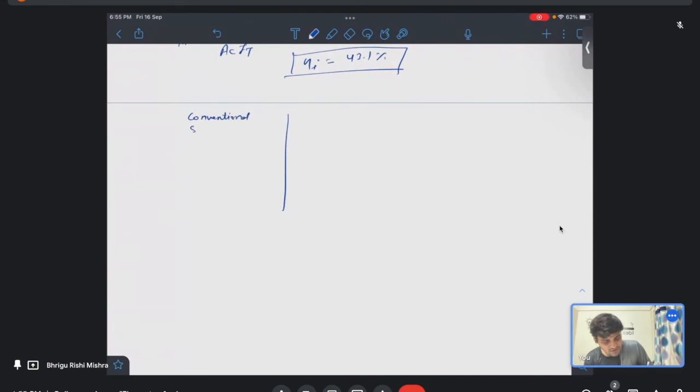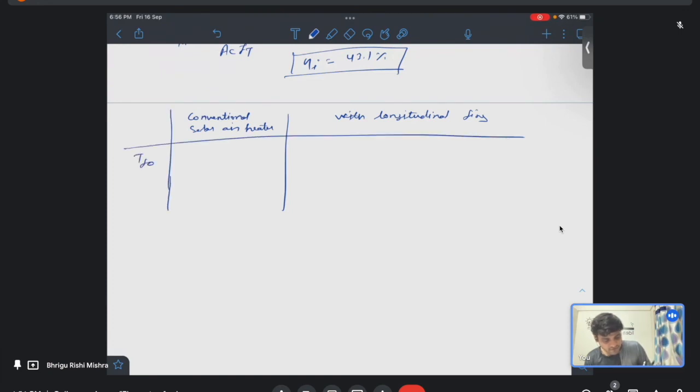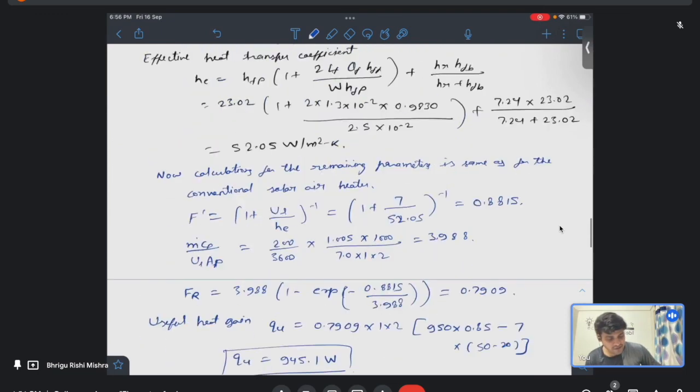So if we compare with the conventional solar air heater and this with longitudinal fins, this is TFO, that means the output temperature, and this is eta, instantaneous efficiency.